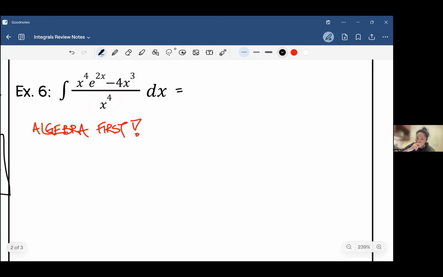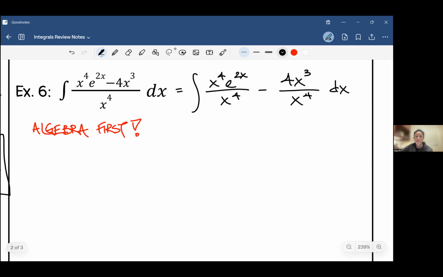And now we're going to split this into not 3 fractions, but 2 fractions. Okay. So we'll end up with x to the 4th e to the 2x over x to the 4th minus 4x cubed over x to the 4th dx.